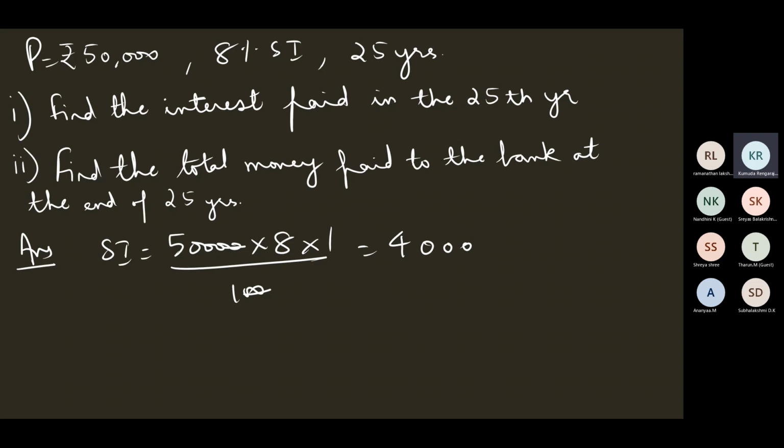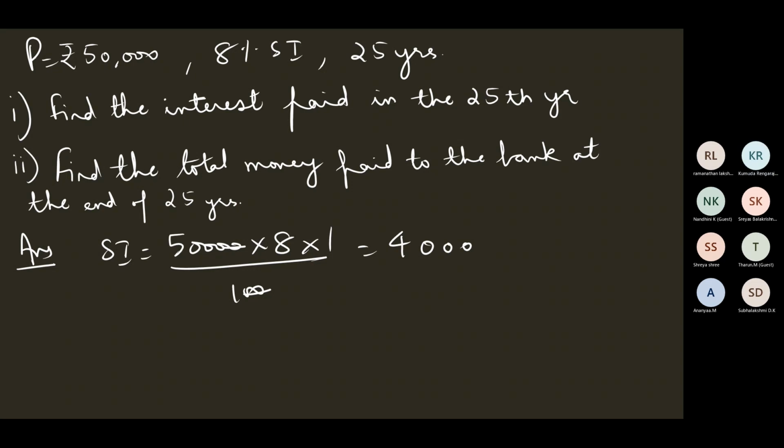That's how simple interest works. Simple interest means the interest is the same every year. Supposing you have deposited 50,000 in a bank which gives you 8% simple interest, and you keep the money in the bank for 25 years. At the end of every year, the bank will credit 4,000 in your account. End of first year, 4,000 interest. End of second year, same amount, 4,000.